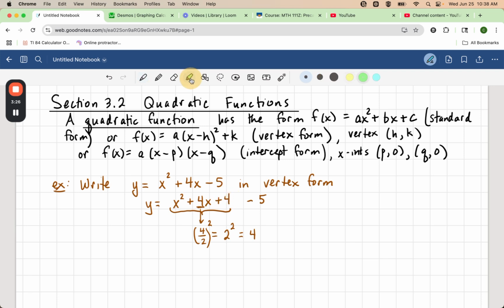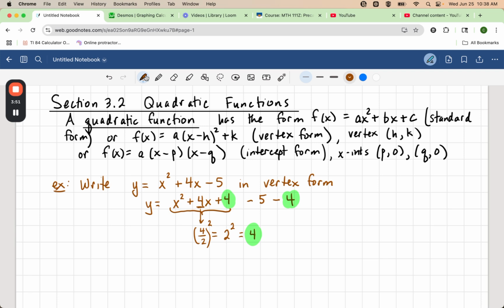I'm going to shade that. And then if I add 4 there, in order to keep it balanced, I'm going to have to subtract 4 over there. Okay? So you add 4, subtract 4, so you've essentially added 0.